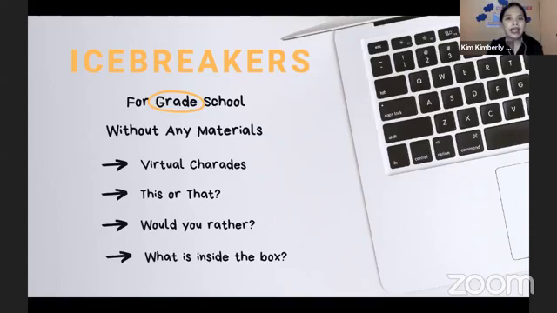Number 2, this or that. Yung this or that, ina-activate niya yung decision-making ng students. For example, in an English class, nag-storytelling ka, and then, aside from directly asking the students some questions about the story, you can give them an option.